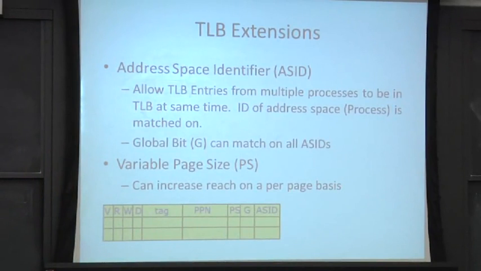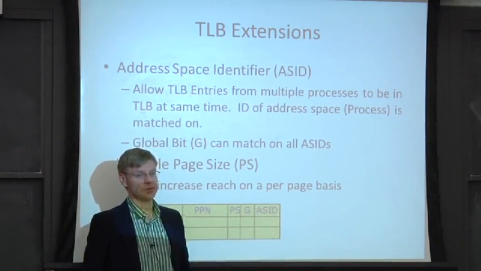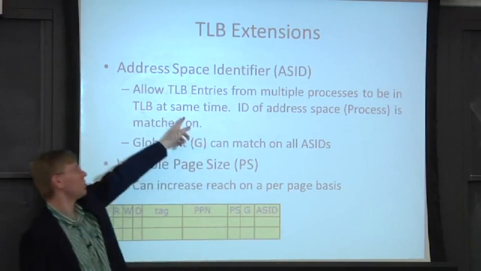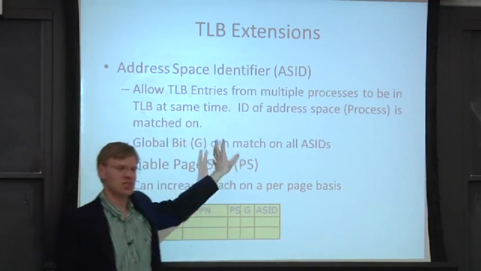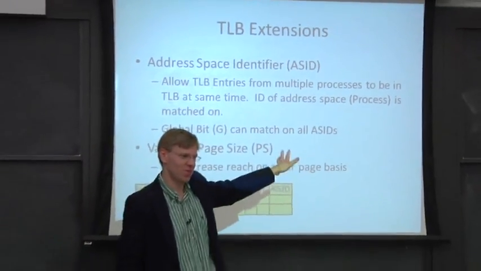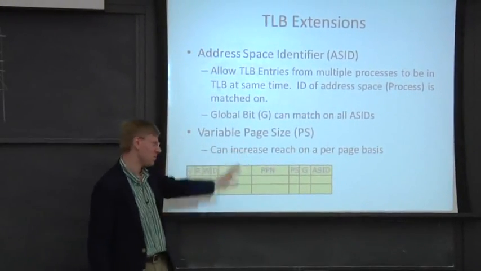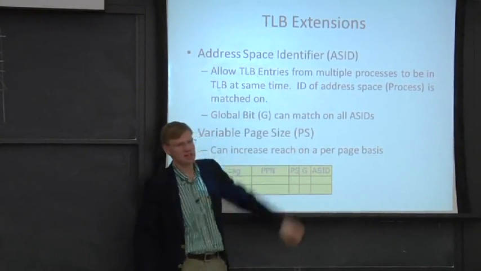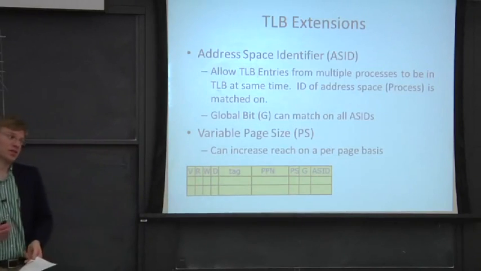So a solution to this is to add extra bits into your TLB which say which process a particular entry in your TLB belongs to. We're going to call this an address space identifier. We're being a little more general than a process identifier here. Some operating systems will use some bits of the process identifier as the address space identifier, and some don't, but you can think of it as something which uniquely identifies the address space.